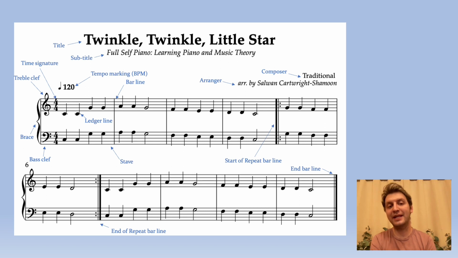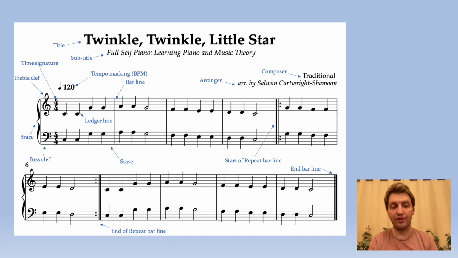That's what BPM stands for after the tempo marking, beats per minute. So from that indication, we know that there is 120 crotchet beats per minute, or 2 crotchet beats a second.